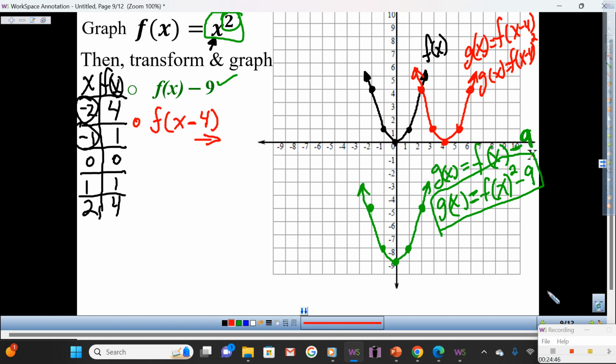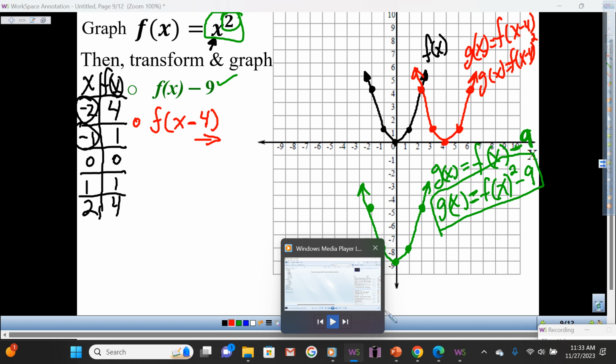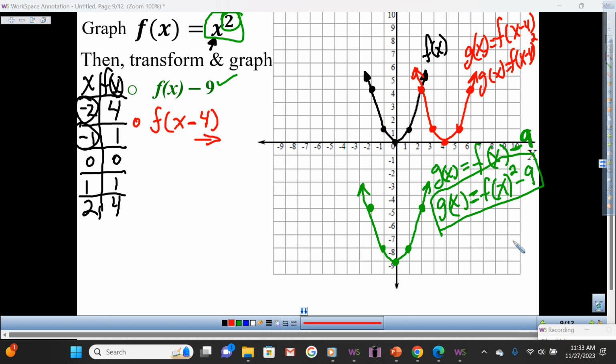All right. So, let me pause the tunes. So here goes a challenge. Y'all ready? I'm going to do that in blue. F of x plus 6, close parentheses.